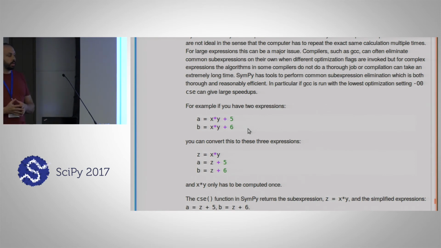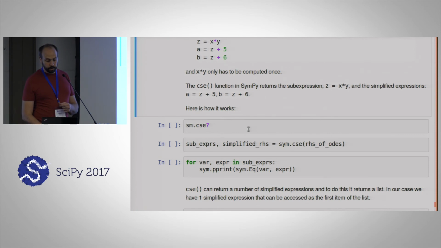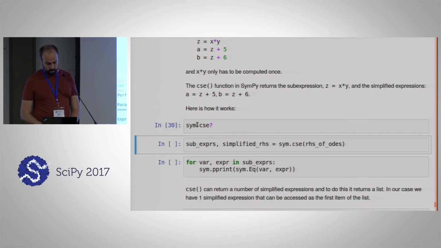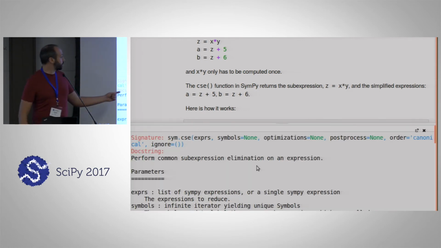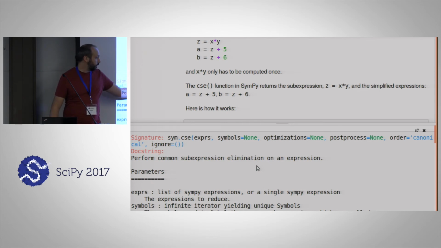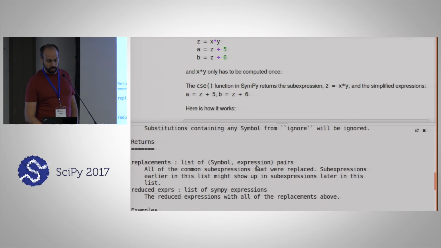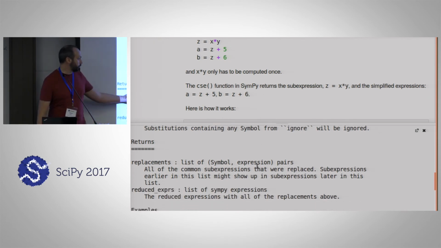And our CSE is reasonably fast, even for large expressions, and you can save time further down the road. So we have a function called CSE, and it takes some expressions as its argument, and then it spits out, if you look at the returns, the replacements, which are a list of symbol and expression tuples, and then the reduced or simplified expressions.